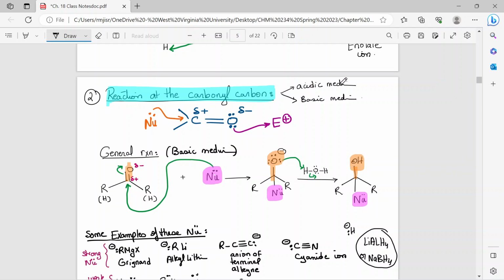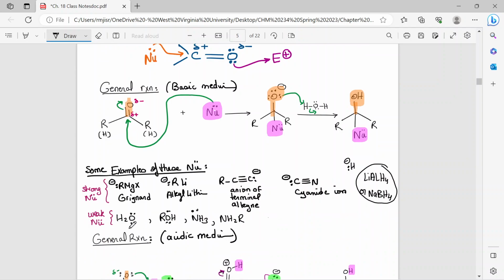Now, for acidic medium, you are going to be using weak nucleophiles. All of these weak nucleophiles, you know that they are weak because they are neutral. So weak nucleophiles require the use of an acid. And normally the acid goes in the first step of the reaction. These are strong. They don't need any acid. These are strong and they can attack directly the carbon of the carbonyl because they are all negative charges.